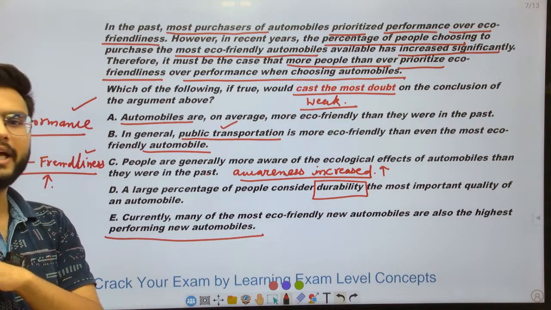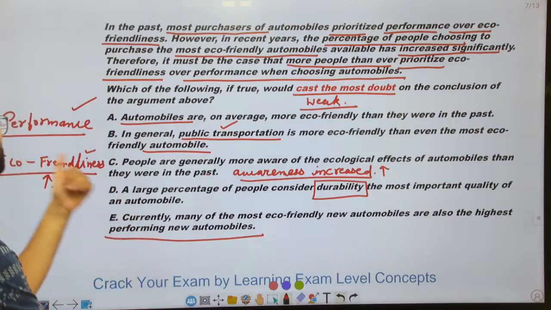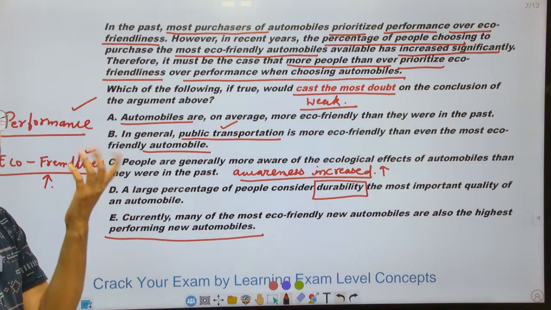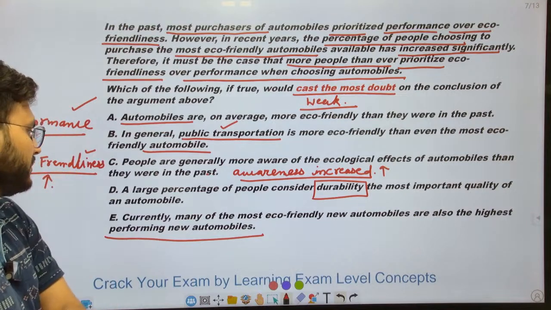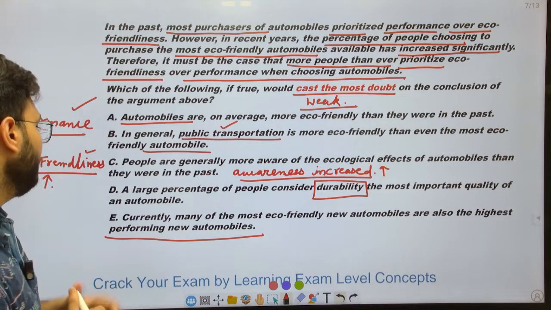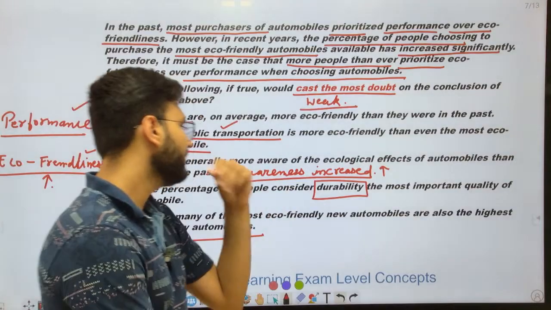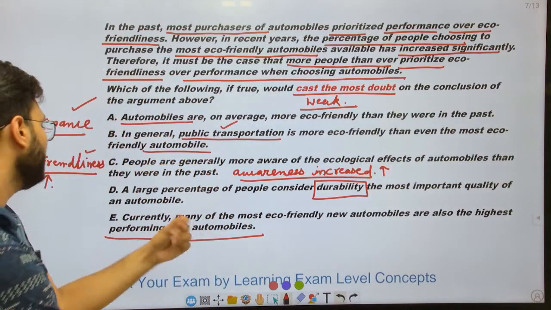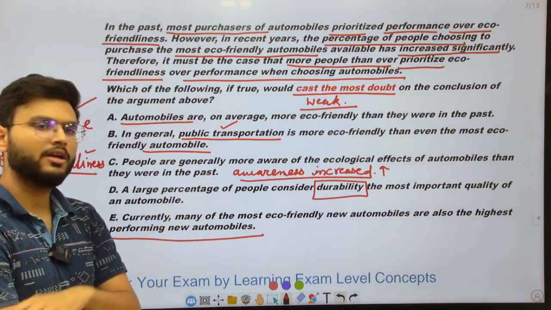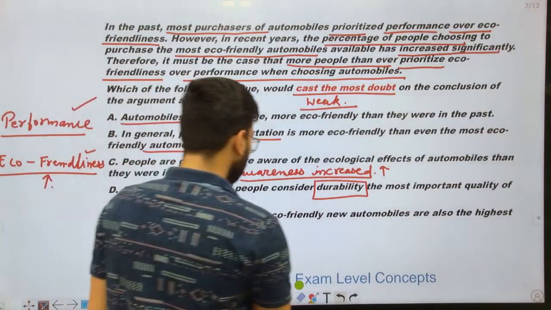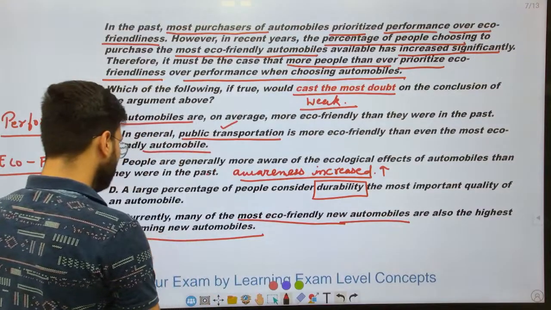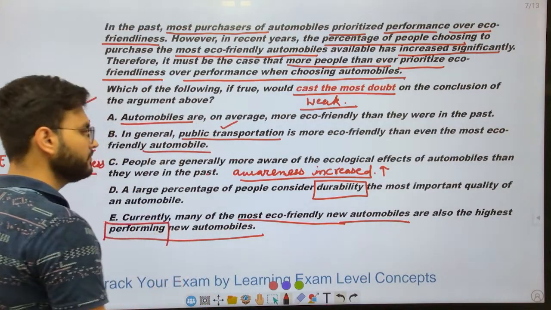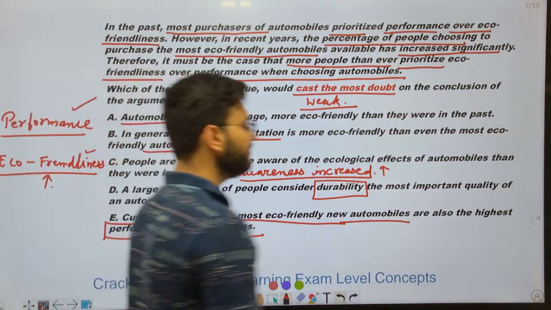And we believed that now people are purchasing more eco-friendliness over performance. But what if the most eco-friendly new automobiles are also the highest performing new automobiles? Now, these most eco-friendly automobiles come with high performance.